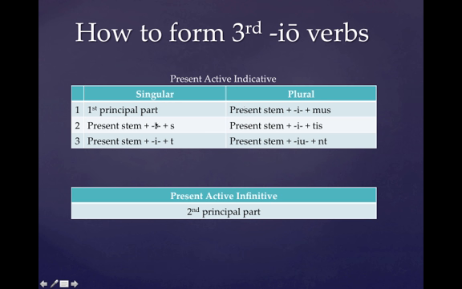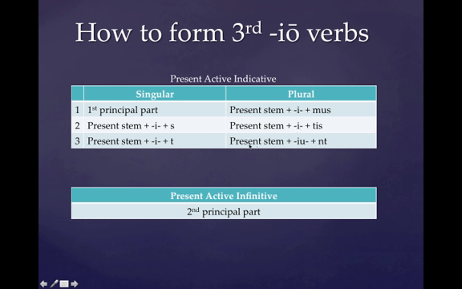You have to produce the vowel I and then the personal endings. So second person singular is present stem plus I plus S. Third, present stem plus I plus T. In the plural, first person is present stem plus I plus mus. Second person plural, present stem plus I plus tis.